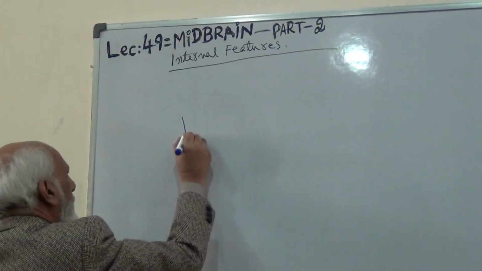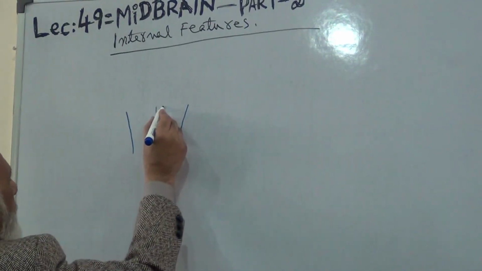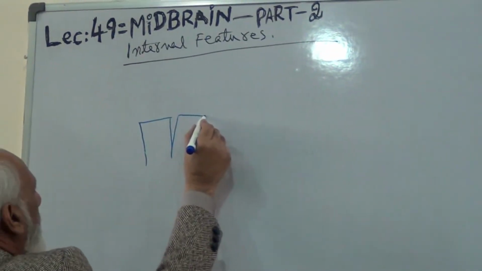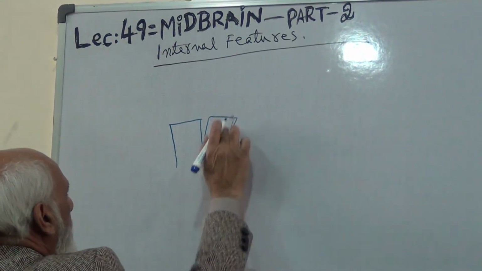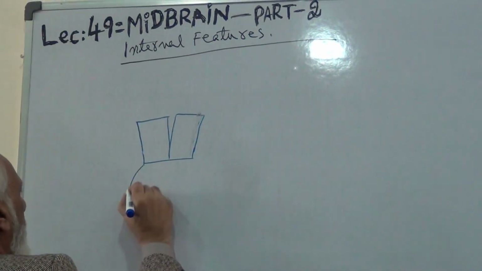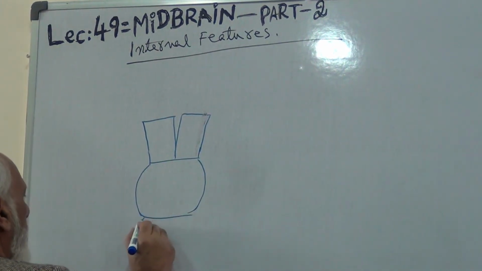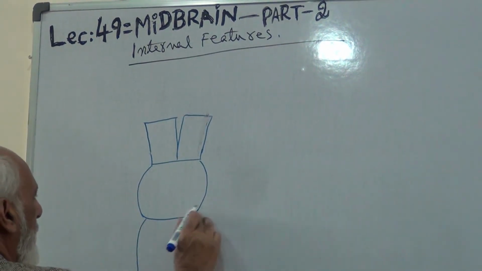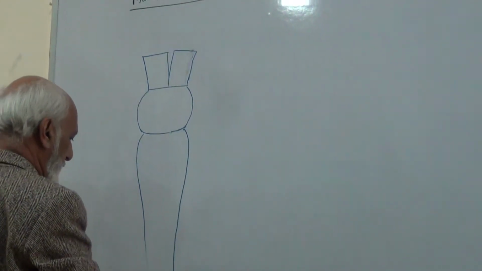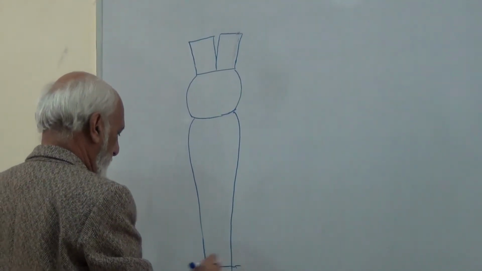Now this is a midbrain, front view of the midbrain, right and left crus cerebri. Then ventral view of the pons and the medulla oblongata, which is continued as the spinal cord.